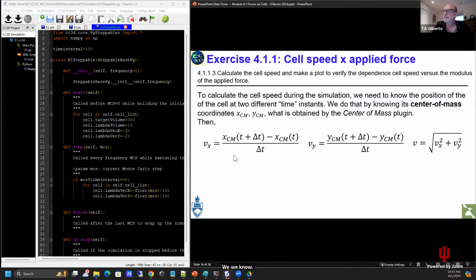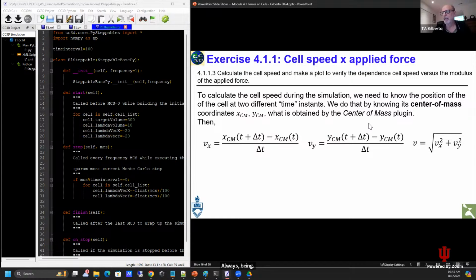We know the position of the cell at the time t and at time t plus delta t. But we have to keep track of these positions. And the position of the cell, now you are going to see how it works, is given by the center of mass plugin, which has always been loaded with any simulation so far.